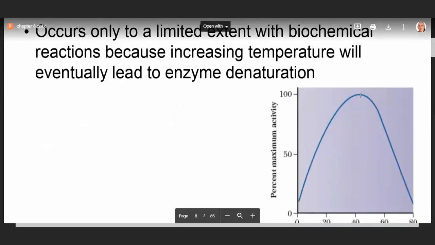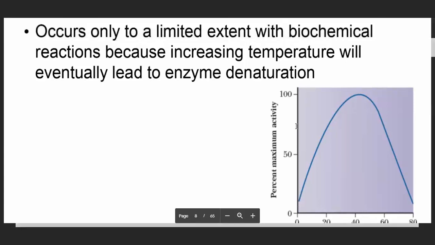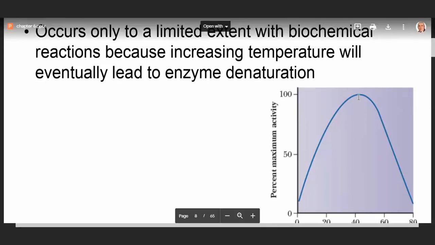Why? Because after that, increasing the temperature will eventually lead to enzyme denaturation. Since enzyme is a protein, you remember we said denaturation can be carried out by heat. So at the beginning, there is an increase in activity of the enzyme with increasing temperature until we reach this.